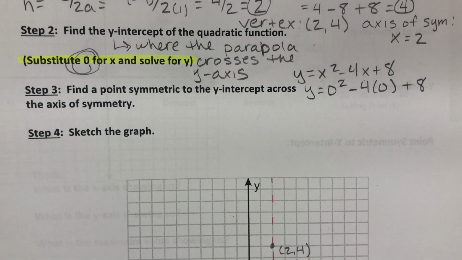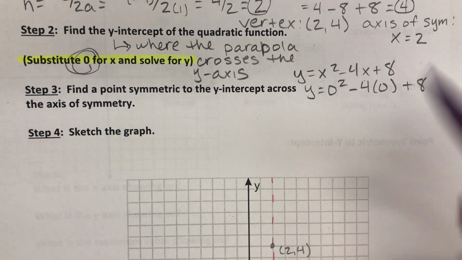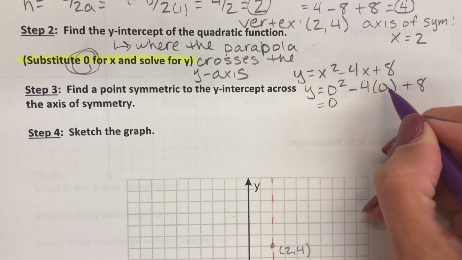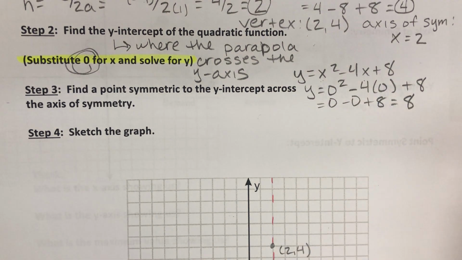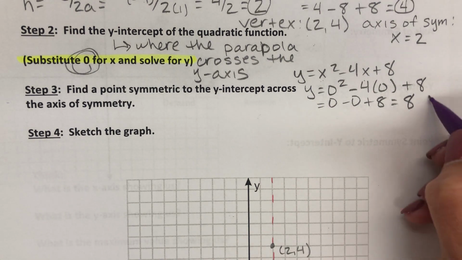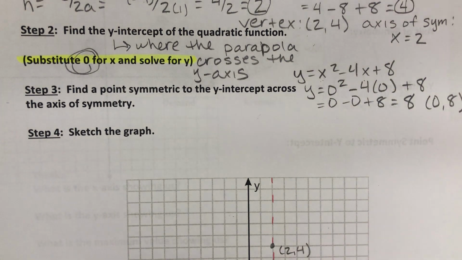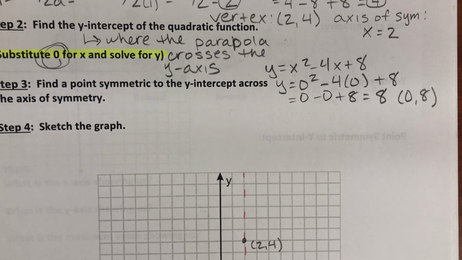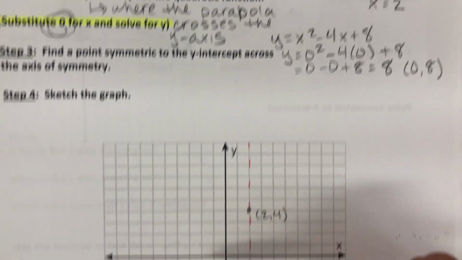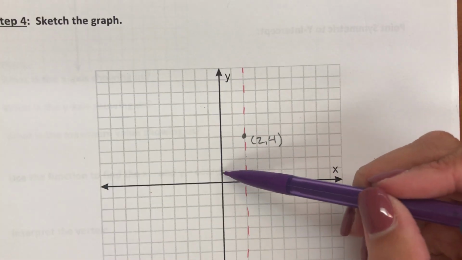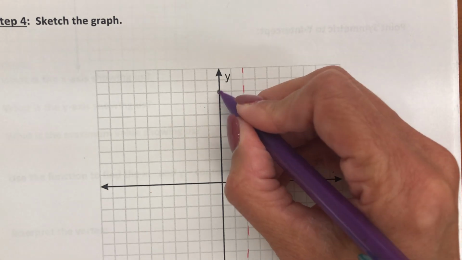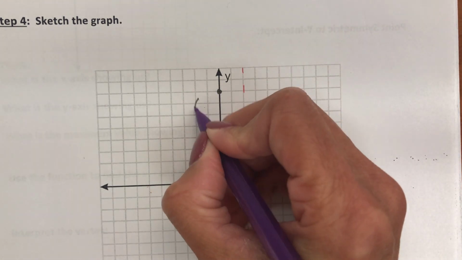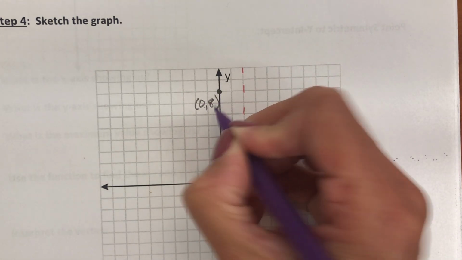Then I'll just simplify that down. 0 squared is 0. 4 times 0 is 0. Plus 8 is 8. So y equals 8. So that's the point (0, 8), and that would be my y-intercept. So I'm going to go plot that. 1, 2, 3, 4, 5, 6, 7, 8. There's my y-intercept at the point (0, 8).